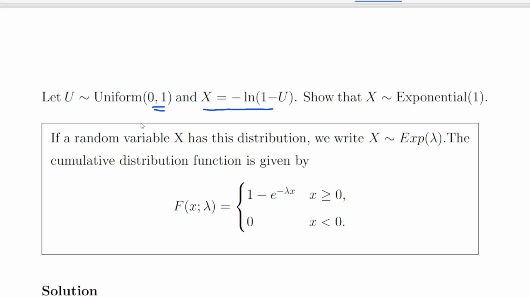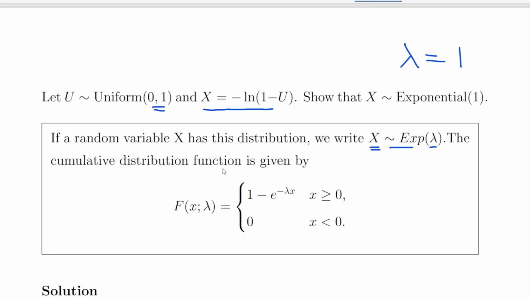Let x equal minus the log of 1 minus u, and we're asked to show that x is an exponential random variable with rate parameter lambda equal to 1. Typically we would express the exponential random variable in terms of the rate parameter lambda. So if x has this distribution, we would write x is an exponential random variable with rate parameter lambda.